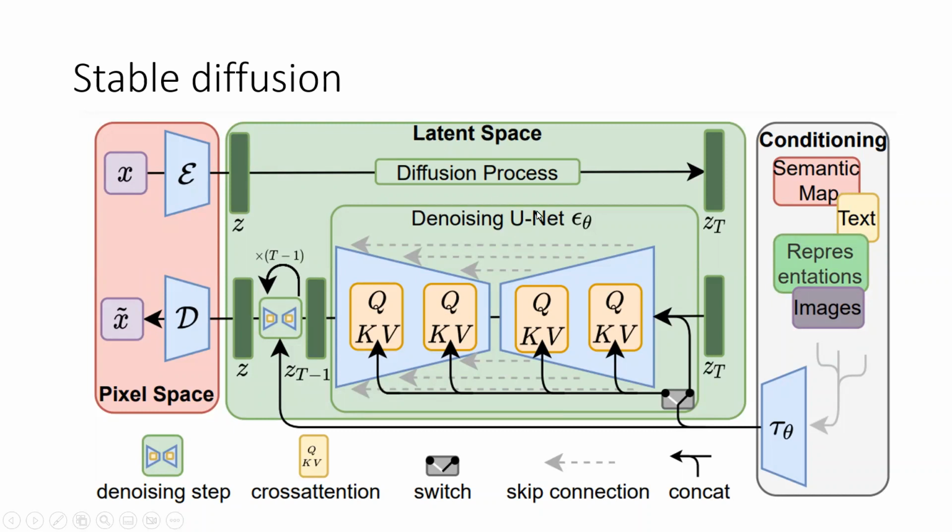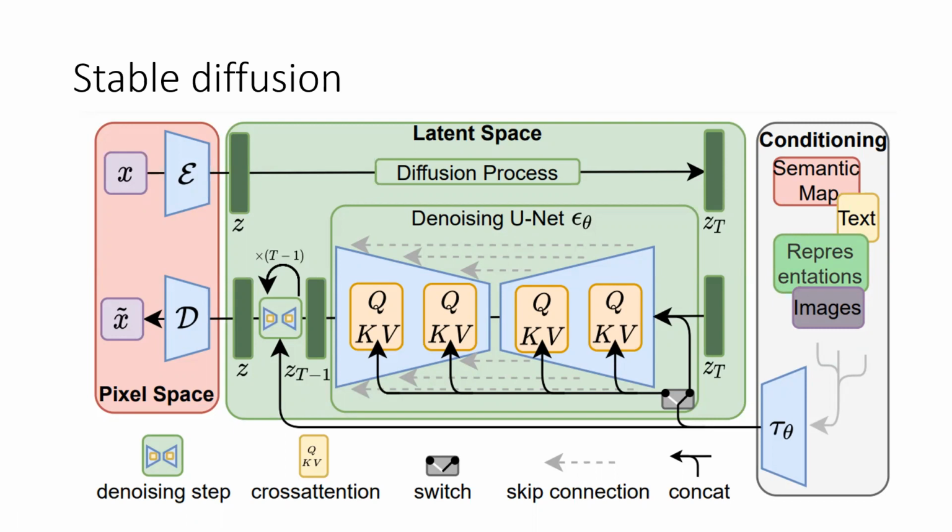Now let's explain some of the technicalities of it. We're going to condition using attention. How that works is we're going to take conditioning information. This could be text. It could be a semantic map. So you could pass in, for example, a semantic segmentation of a view from a car and ask it to generate an image based on that. You can pass in other images, representations.